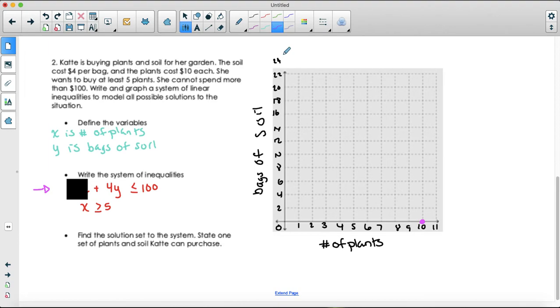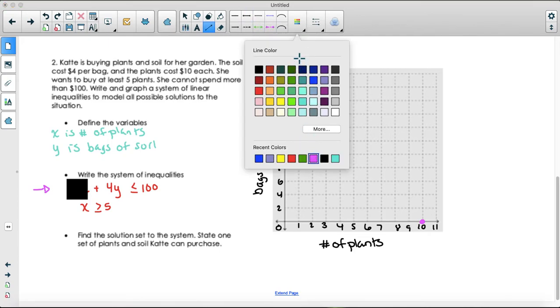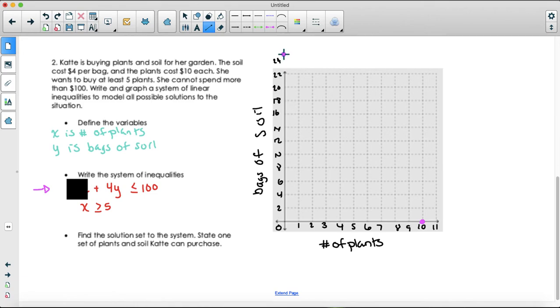So I know my other dot will be on the 25, somewhere up here. And that way I can connect these and not have to worry about slope-intercept form. This is called using the intercepts.